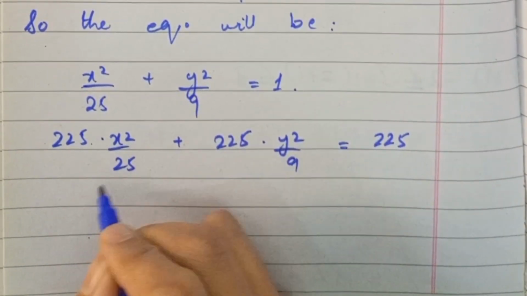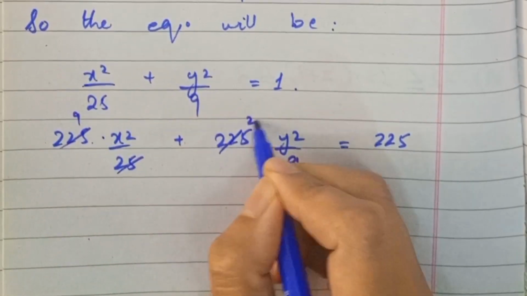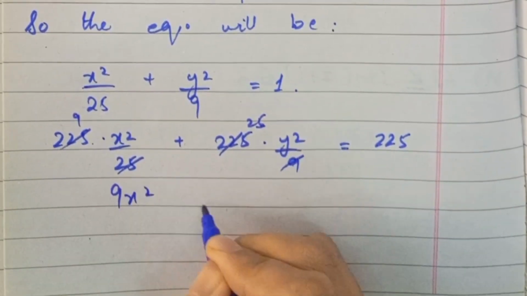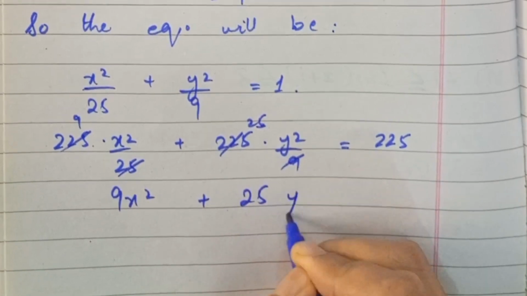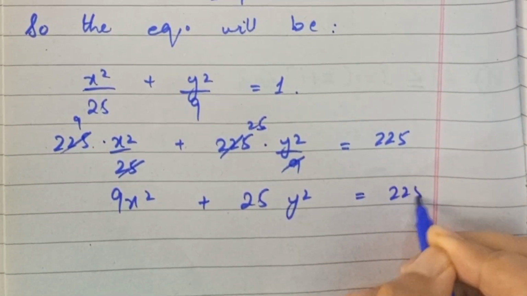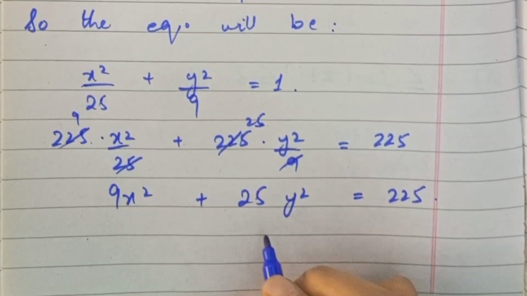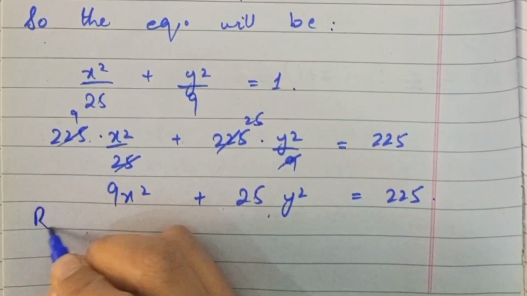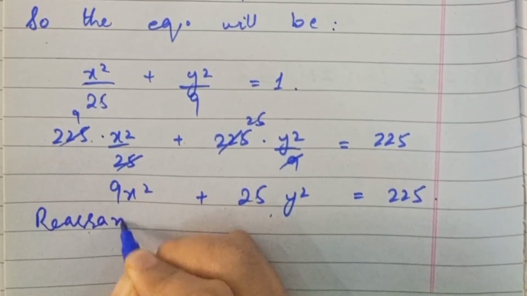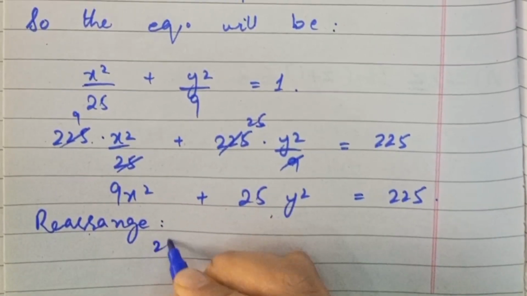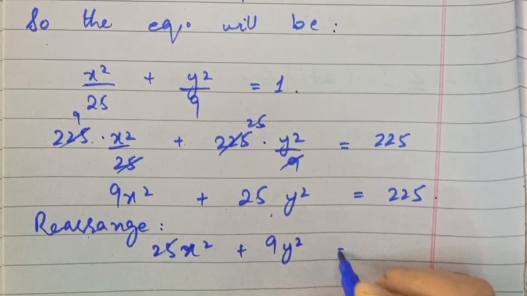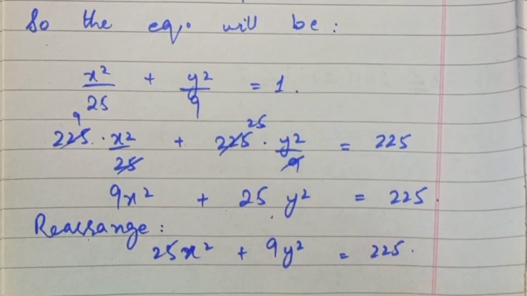So here we will be left with 9, here we will be left with 25. And if you want 25x square plus 9y square, then you can rearrange this equation: 25x square plus 9y square equals 225.